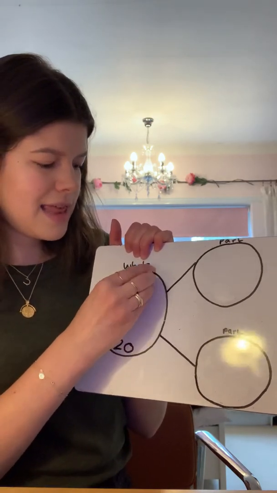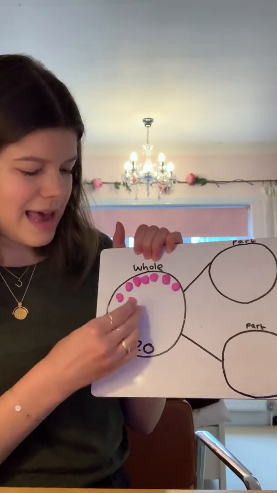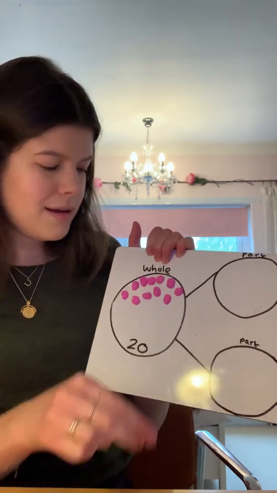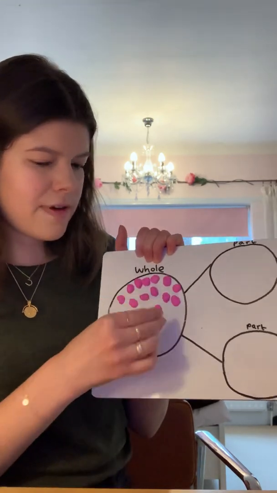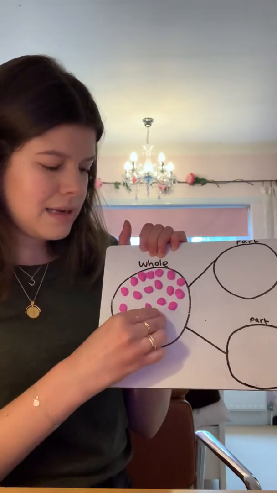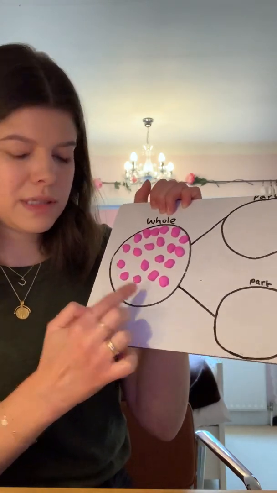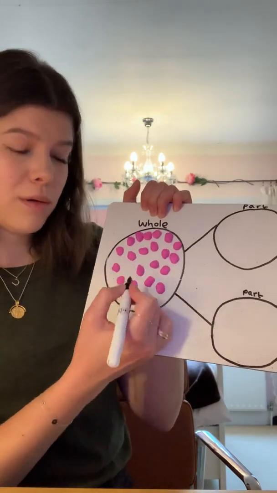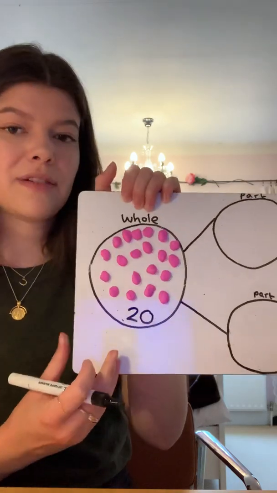Oh, they're getting stuck together. 6, 7, 8, 9, 10, 11, 12, 13, 14, 15, 16, 17, 18, 19, 20, okay, and I've got the number 20, so if you're starting again today, which is what I want everyone to have a go with, then you write your whole, okay, so the whole is 20, because we're doing number bonds to 20, different ways to make 20.